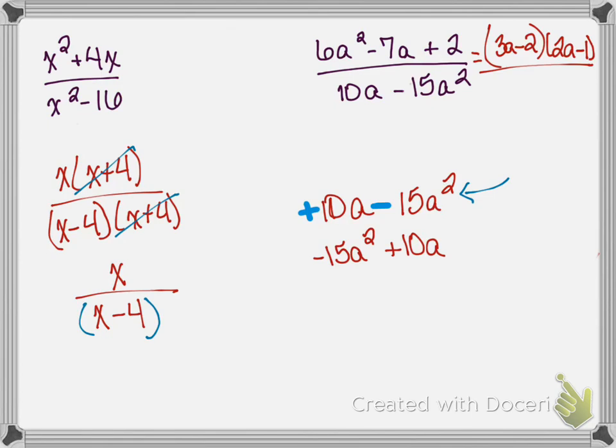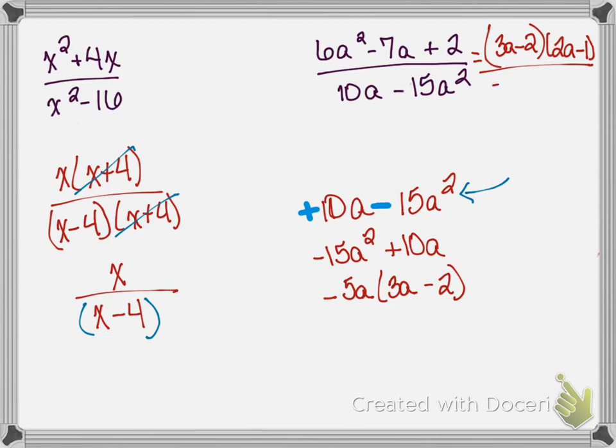Now, if I've got a negative in the front right here, do you think I should probably factor out a negative? Okay, so I'm going to factor out a -5a. Then, -5a times 3a gives me -15a squared. -5a times -2 gives me positive 10a.